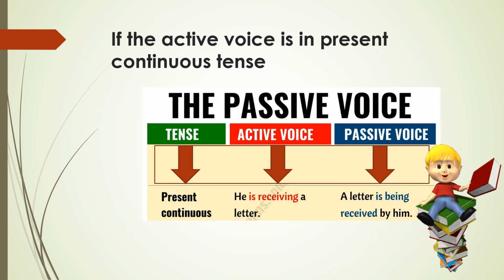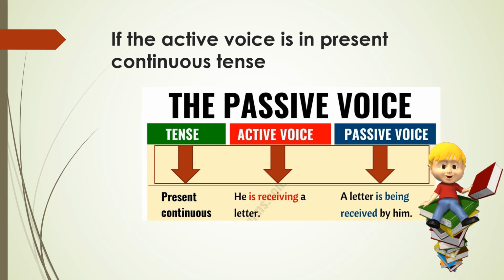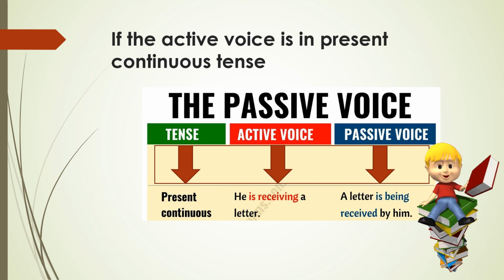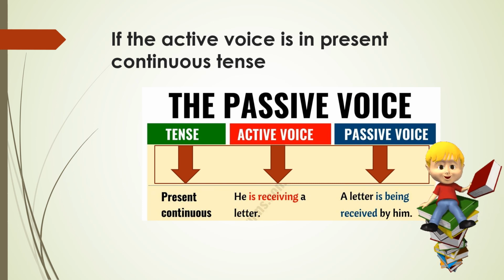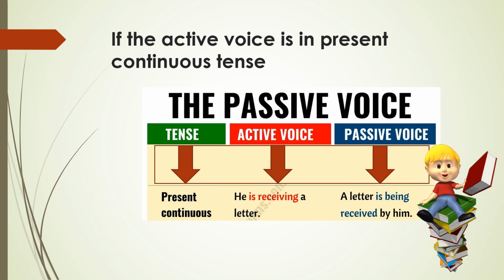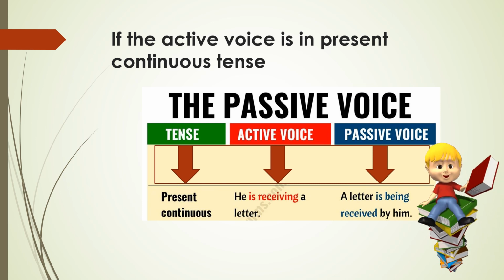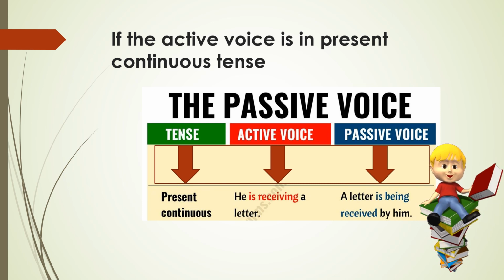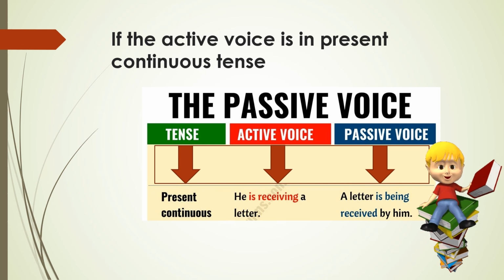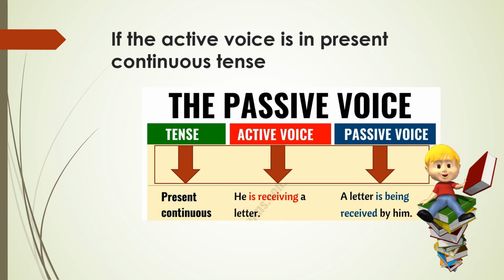Now if you look at this slide, you can see the active structure given in present continuous tense. For example, he is receiving a letter. Then you will convert it into passive. How? You will add the word being before the third form of verb. For example, a letter is being received by him.